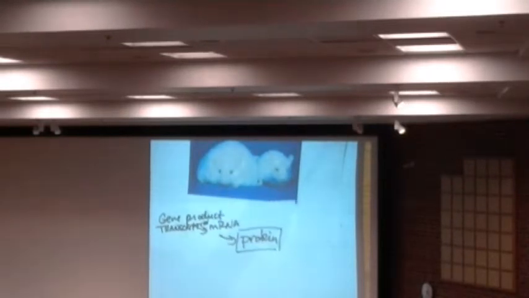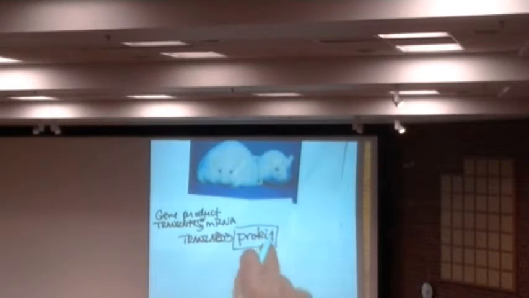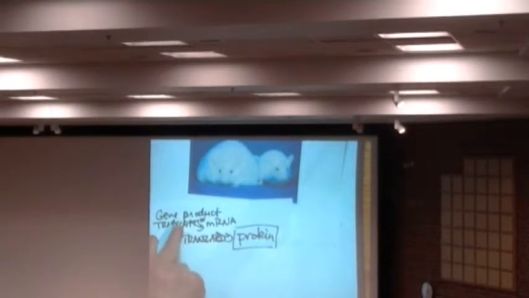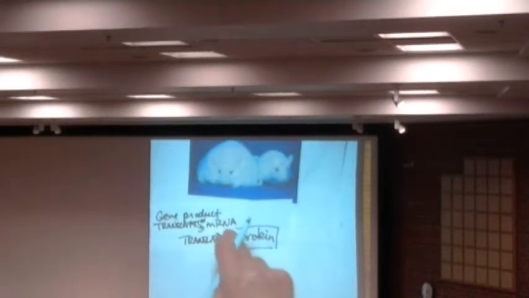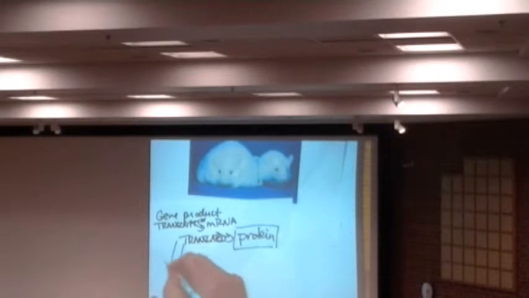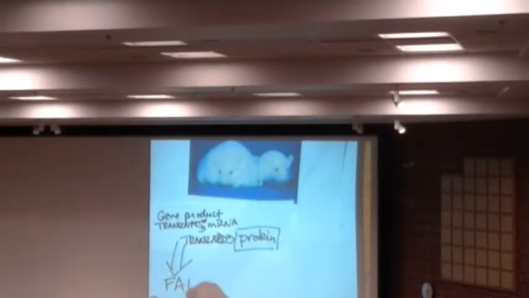Then that messenger RNA is translated into a protein which is secreted into the blood. Translation. Remember, that uses the ribosomes to synthesize the protein from the messenger RNA. However, it was found that the transcription of the gene into messenger RNA and the translation, all this occurred in fat cells.